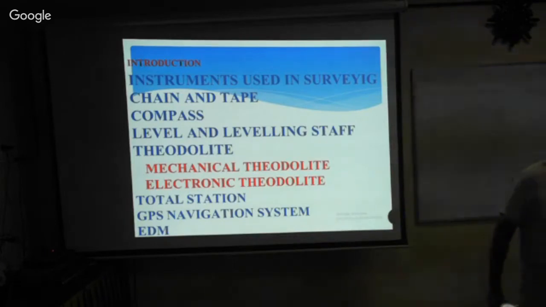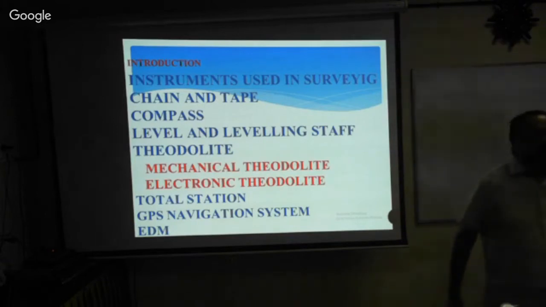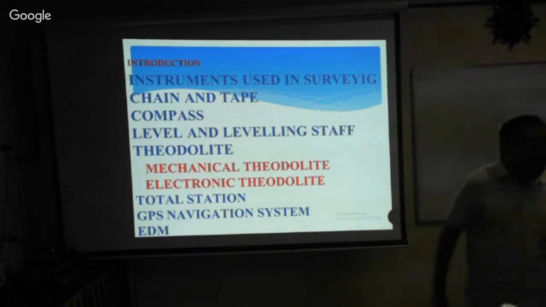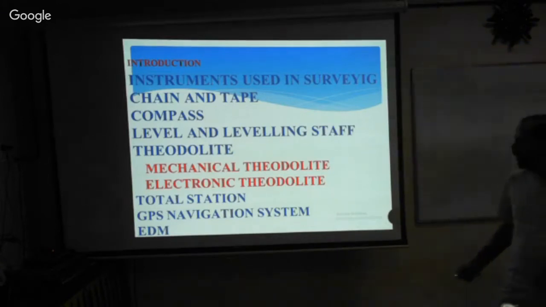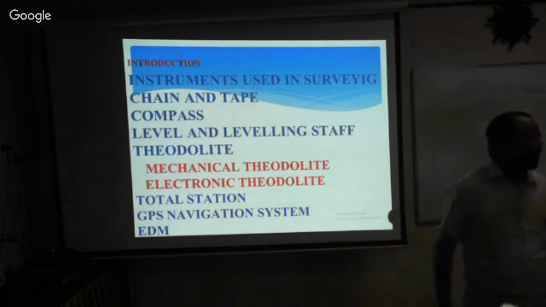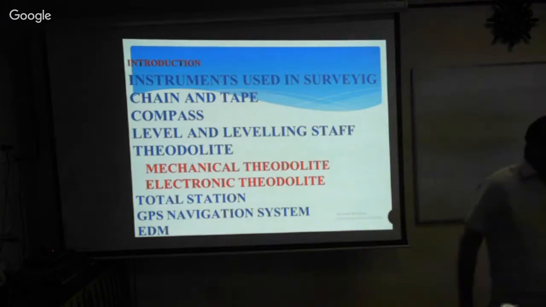Now everywhere you can see in the newspaper, the truck will be tracked, the vehicle will be tracked through the GPS system. Let us understand one by one. Another one is EDM, the electronic distance measuring instrument. There are many pieces of equipment used by civil engineers for creating structures and infrastructure.